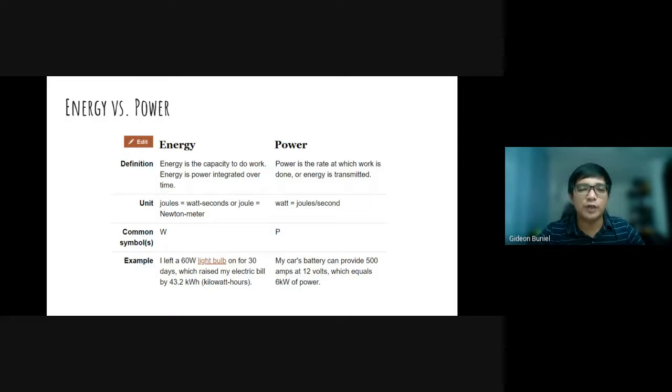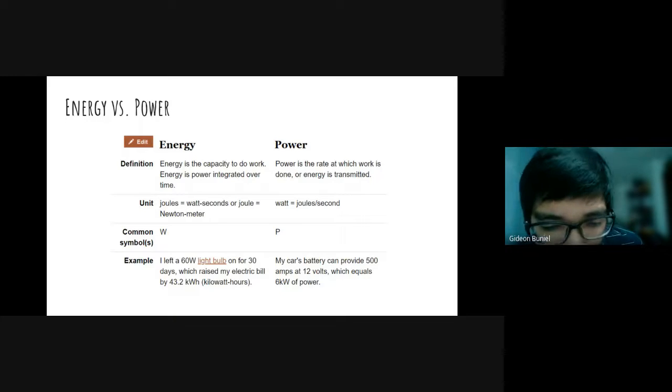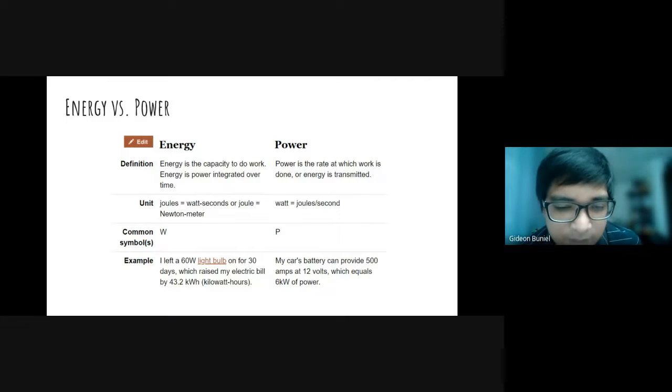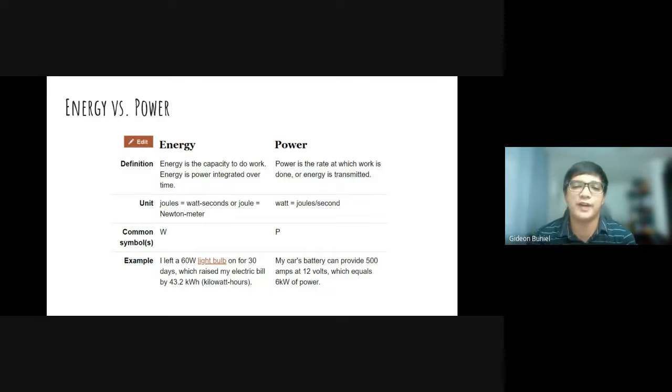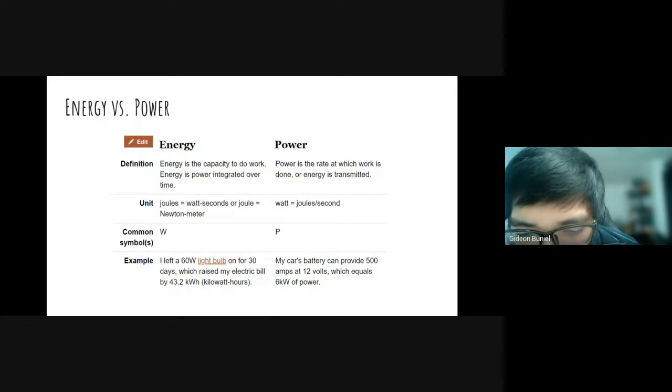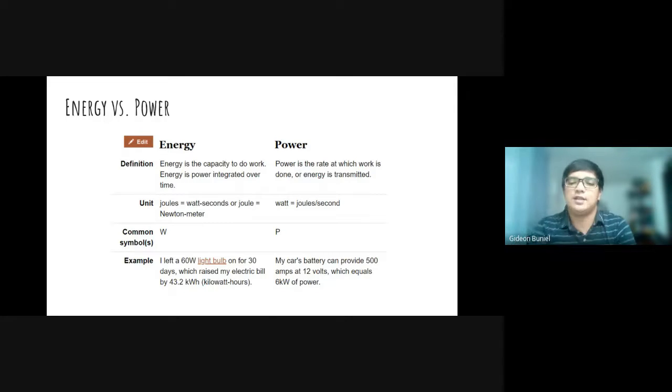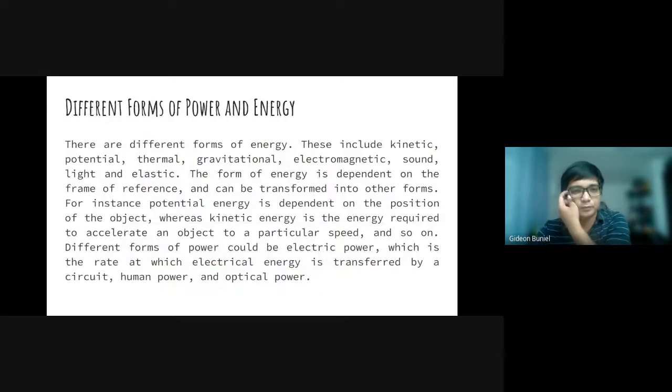The symbol for energy is W and for power is P. For example, I left a 60-watt light bulb on for 30 days, which raised my electric bill by 43.2 kilowatt hours. The next one is my car's battery can provide 500 amps at 12 volts, which is equal to 6 kilowatts of power.